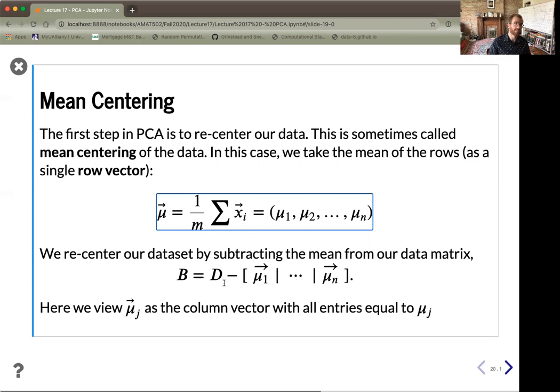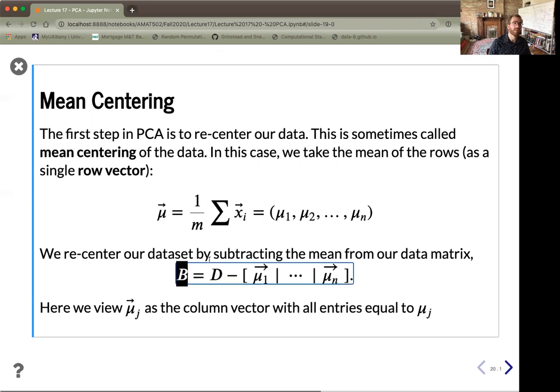Then I subtract this column of means for each feature from my data matrix. This has the effect of mean centering my data. The consequence is that if I were to repeat this procedure with B, I would actually get B back, because the means would all be 0 once I've mean centered my data.